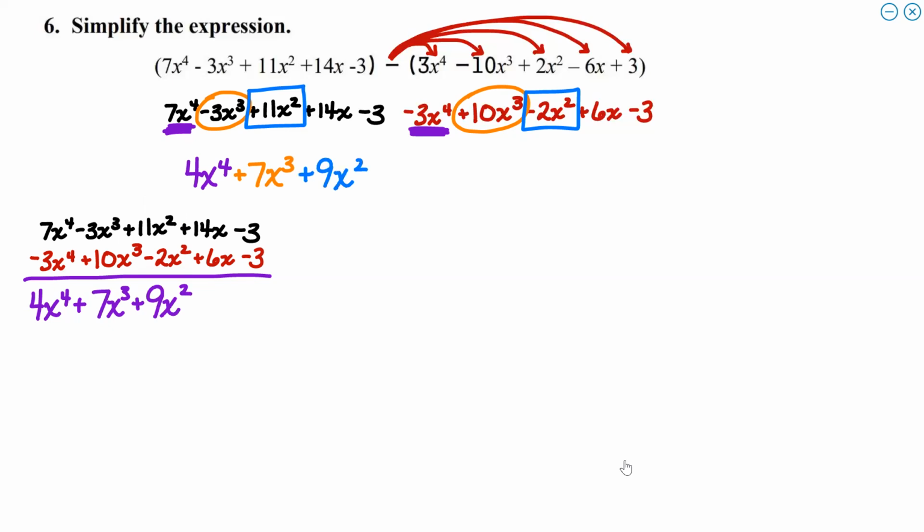All right. 14x. Do I have a like term for 14x? Positive 6x. I've got them vertically aligned right here. What happens when I take 14 and 6 and put it together? I get 20x. Would that be positive or negative? Positive, so plus 20x.